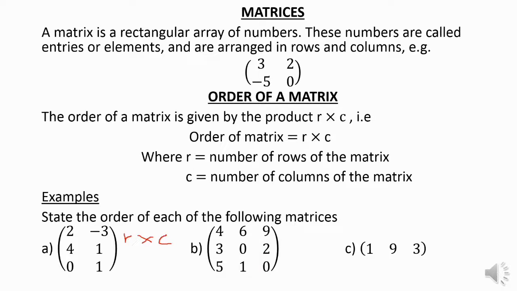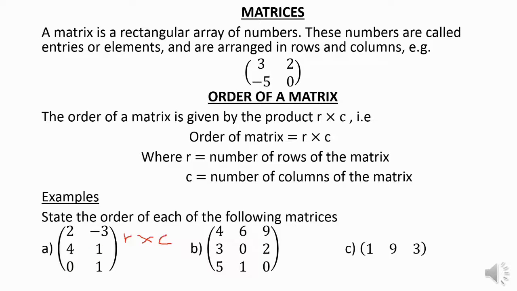Now if we go back to this first matrix, how many rows does it have? 1, 2, 3. So it has 3 rows. And how many columns? If you count the number of columns, you'll find that there are 2.